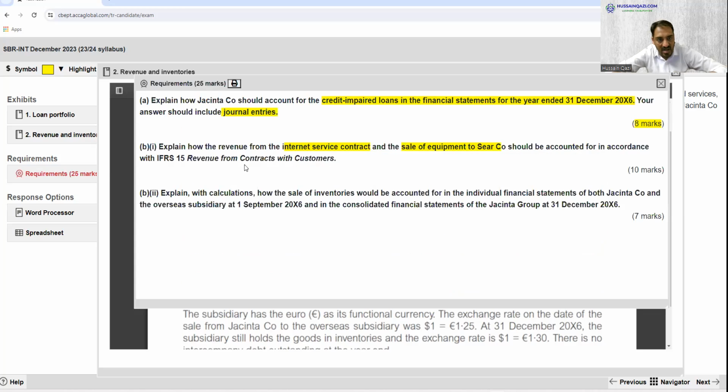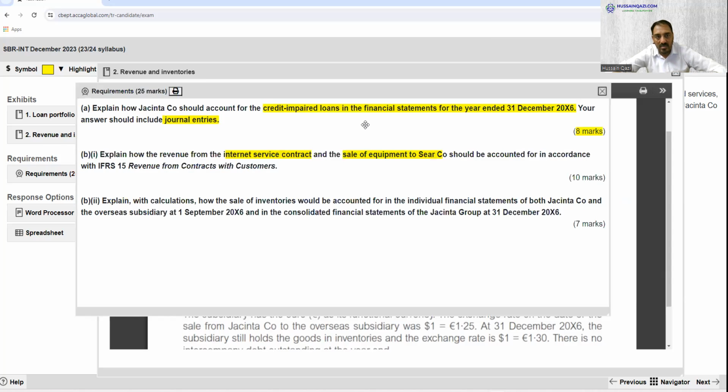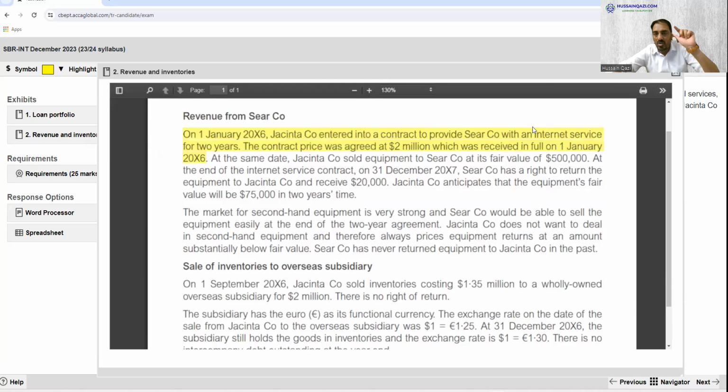And here the examiner asks how revenue from internet service should be accounted for. So you need to recall your basic knowledge of IFRS 15. Here the examiner expects you to apply the knowledge about step 5, revenue recognition.